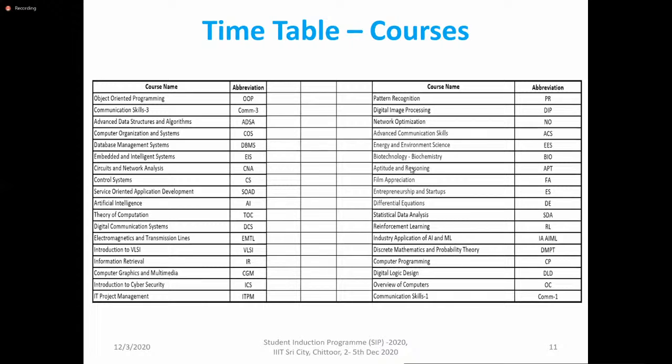If you see the other parts of the timetable, we typically use abbreviations for the courses. For example, if the course is object oriented programming, the abbreviation in the timetable will be OOP.